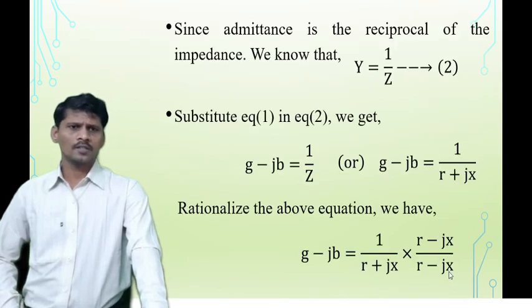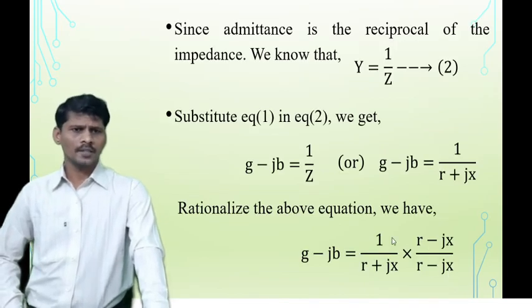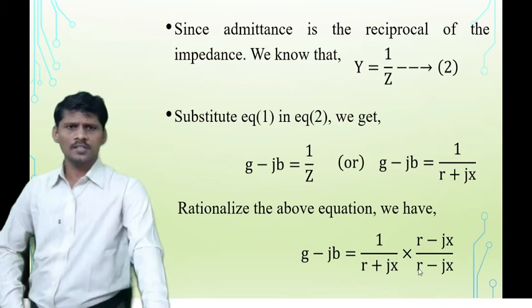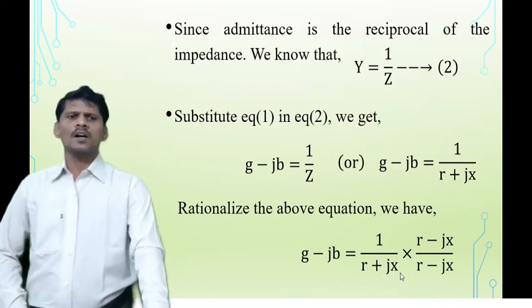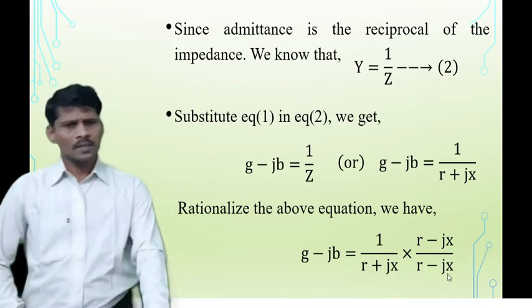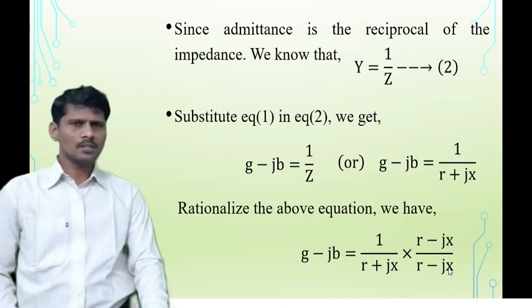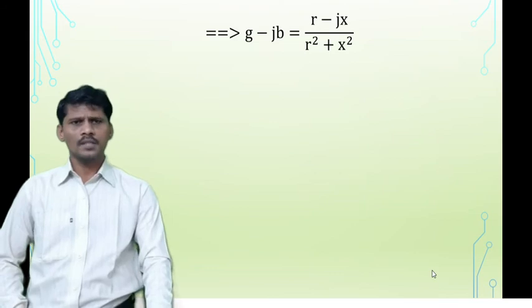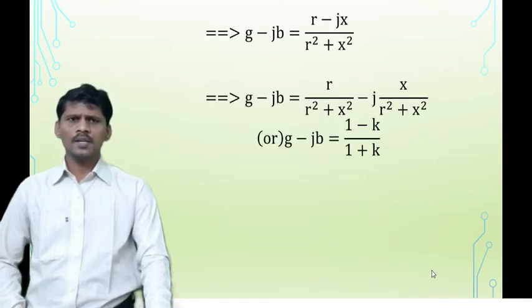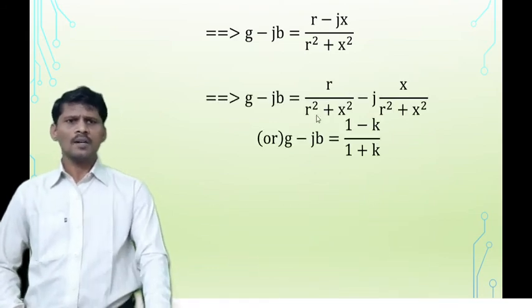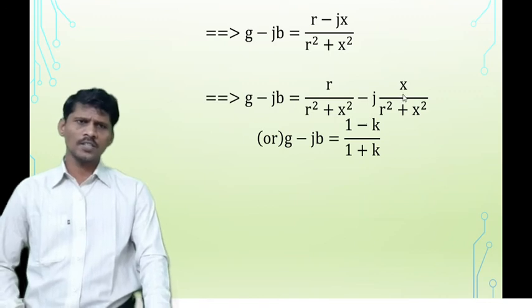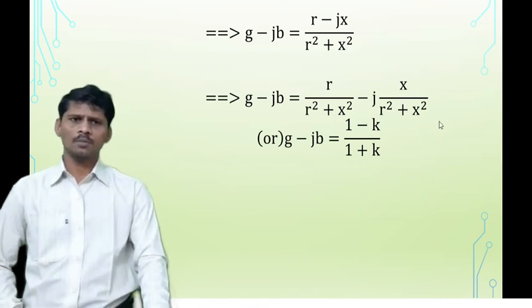Multiplying on the right-hand side, the numerator is R minus jX and the denominator is R plus jX into R minus jX, which is of the form A plus B into A minus B, A square minus B square. The denominator term is R square plus X square. Therefore, G minus jB is equal to R by R square plus X square minus j into X by R square plus X square.